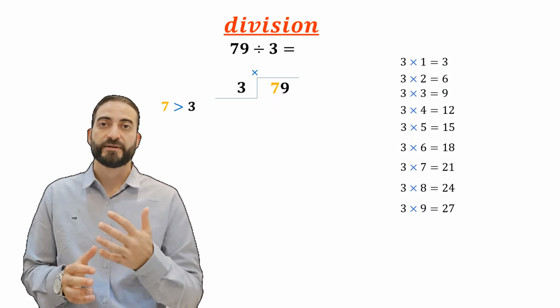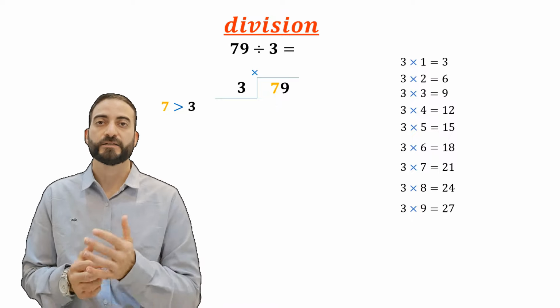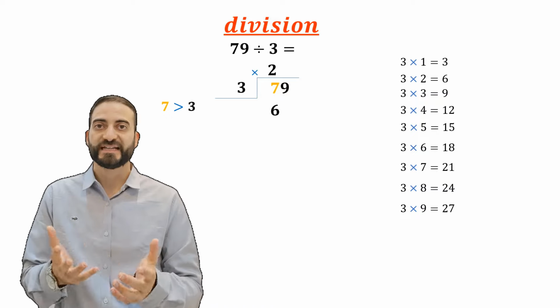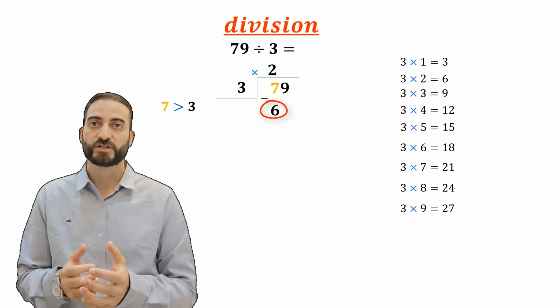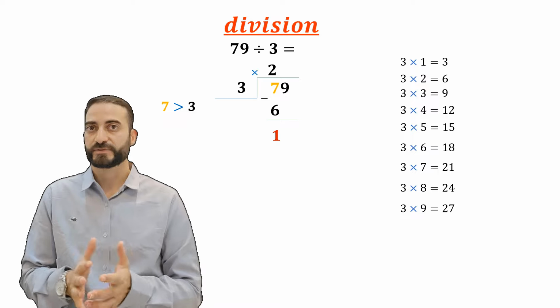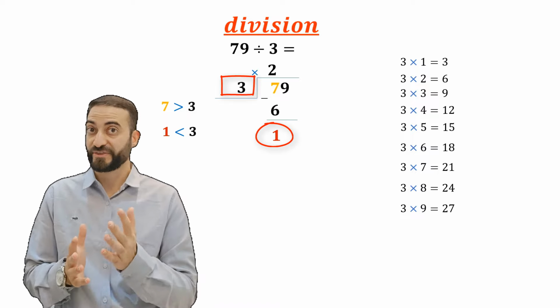Now we write the number multiplied by the divisor, which is 2. We write it here. Now we multiply 2 by 3, so we get 6, and write it here. Now we do subtraction. 7 minus 6 equal 1. Now we ask ourselves, is 1 greater than or equal to the divisor, which is 3?